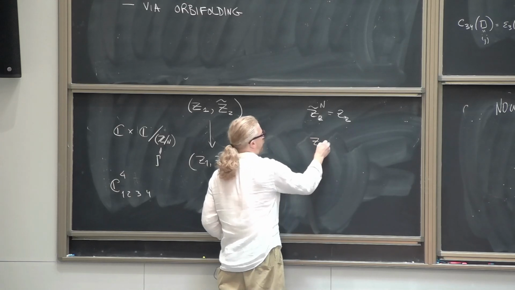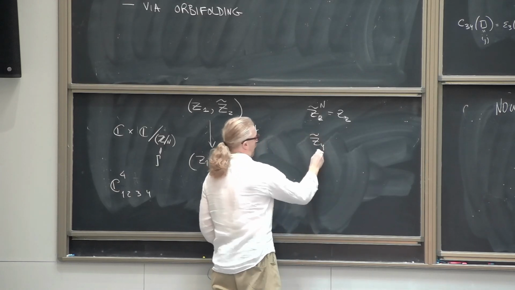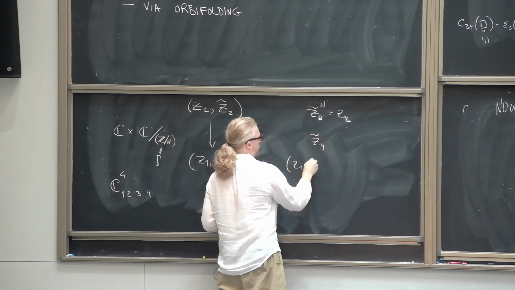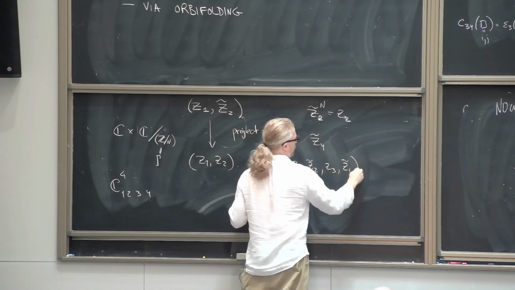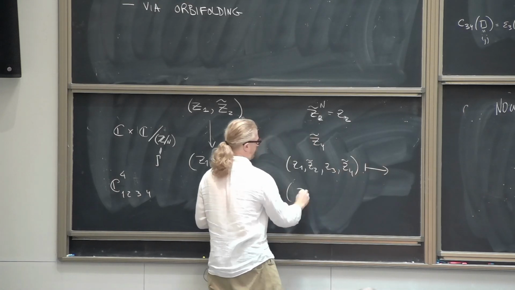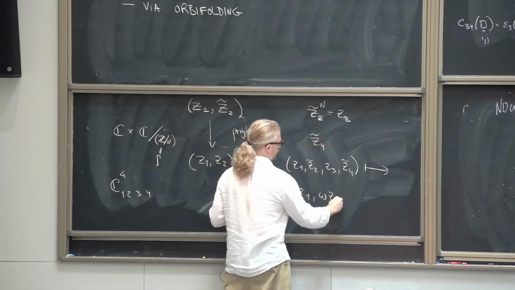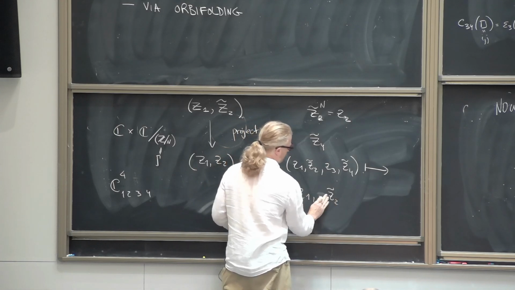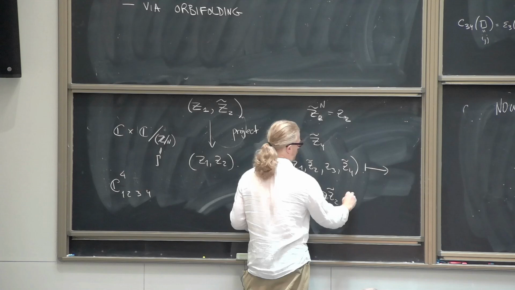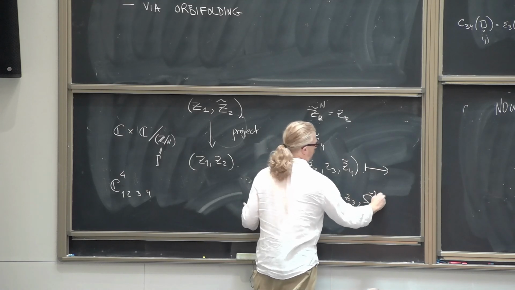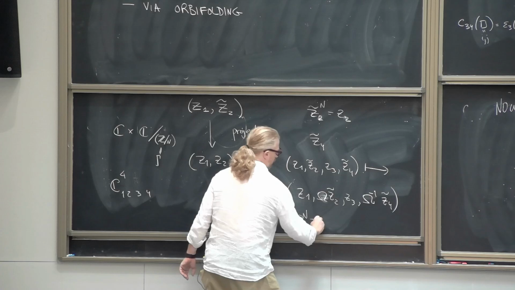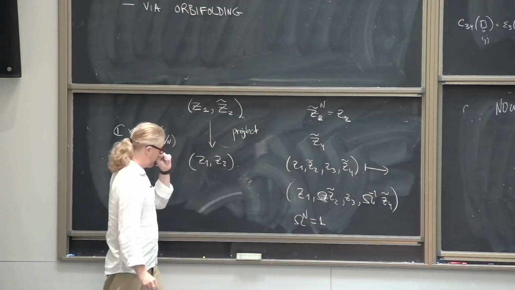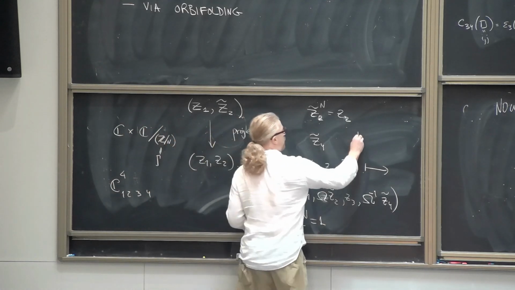So there is Z4 tilde, and so the action is Z1, Z2 tilde, Z3, Z4 tilde goes to, where omega are roots of unity. So this is the gamma action.